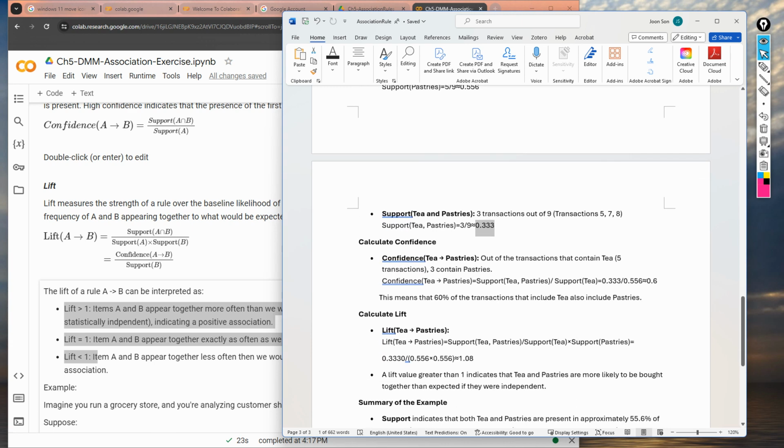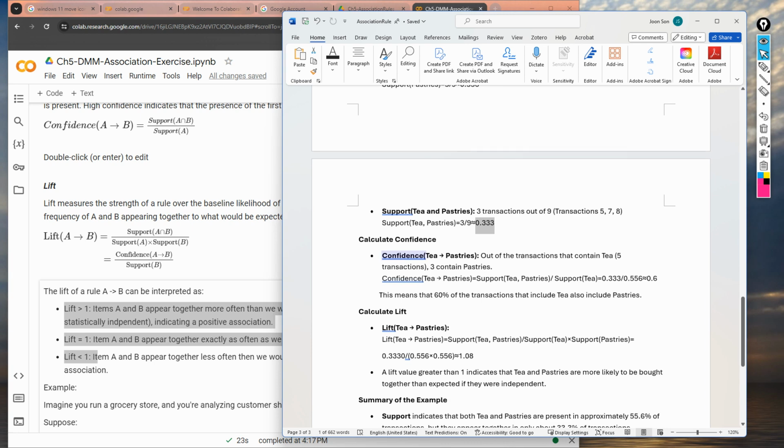Typically, calculating support is very straightforward. And then calculating the confidence: the equation for confidence is support of A and B divided by support of A. In this case, tea is the antecedent and pastry is the consequent. So out of the transactions containing tea, 3 contain pastries.